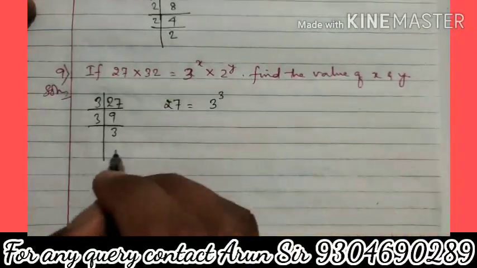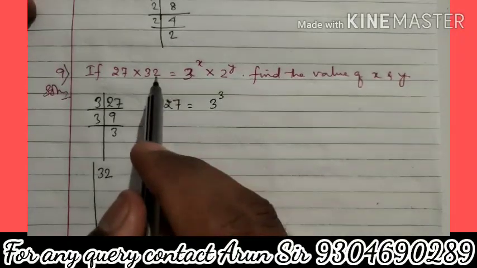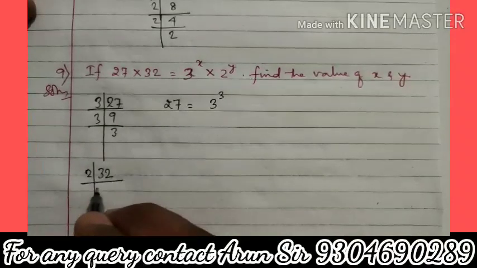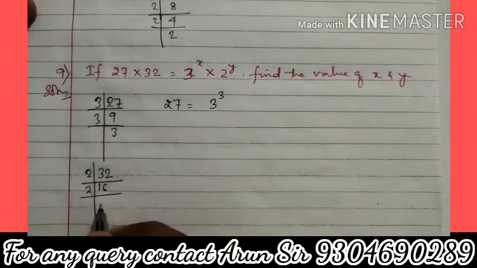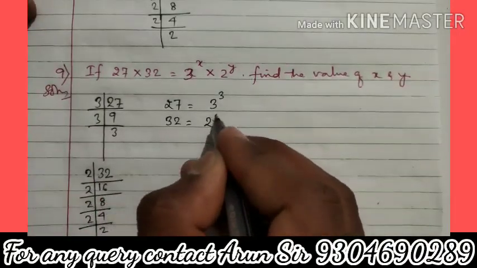Now we will factorize 32. Here we have to convert it into a power of 2. We will start dividing it by 2. 2 1 ja 2, 2 6 ja 12, 2 8 ja 16, 2 4 ja 8, 2 2 ja 4. How many 2s are there? 1, 2, 3, 4, 5. Here in place of 32 we can write 2 to the power 5.